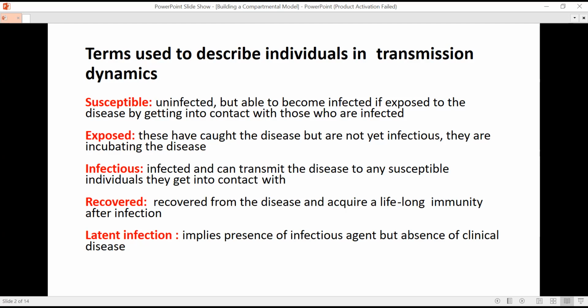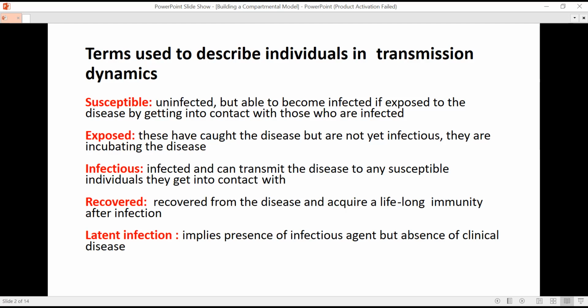But if your disease doesn't confer immunity, and the individual is susceptible once again immediately as soon as they recover, like the case in point of gonorrhea, which was touched on by Sylvia, then you're better off using the SIS model.